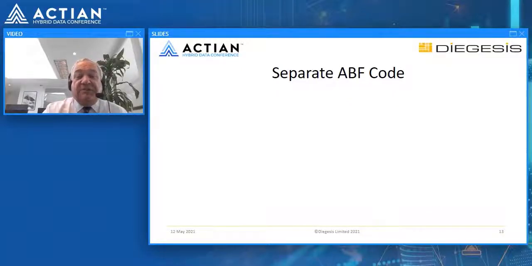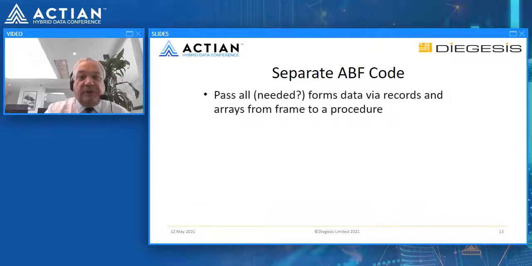So how do we actually separate ABF code? I accidentally started to talk about that a little bit earlier on, but let's have a think about it now. Essentially, it's conceptually very simple. We've got all our form fields, our hidden fields, and our table fields in our ABF form.